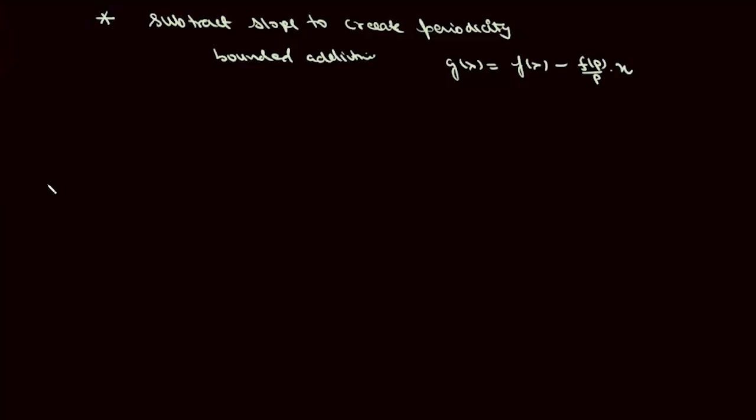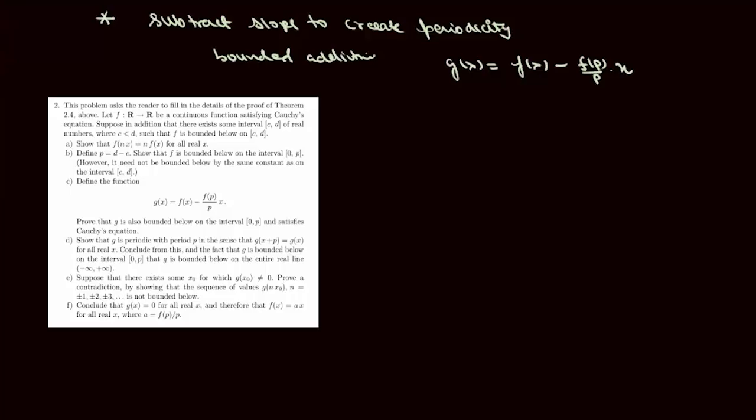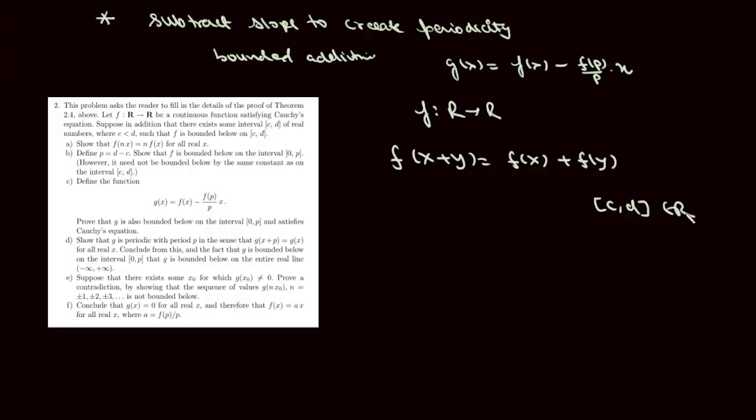And what we'll do here is simply take up an example. We are given a function f from R to R and it satisfies Cauchy's equation, so f(x + y) equals f(x) + f(y), and there exists some interval c to d of real numbers such that c is less than d, where f is bounded below.